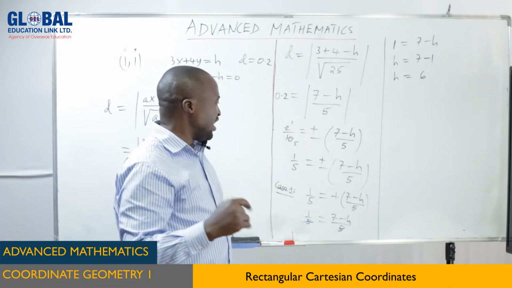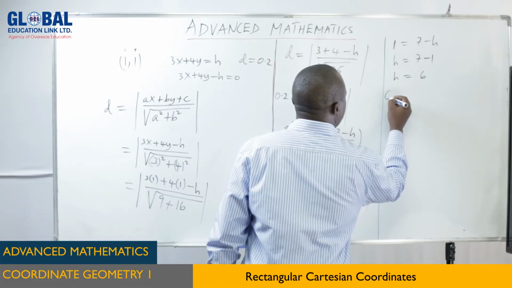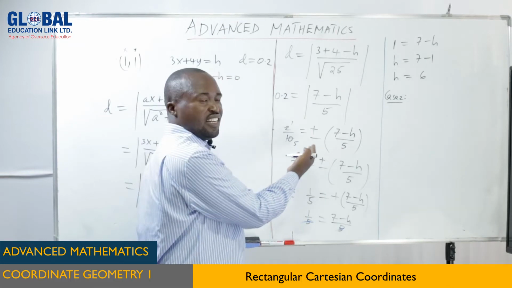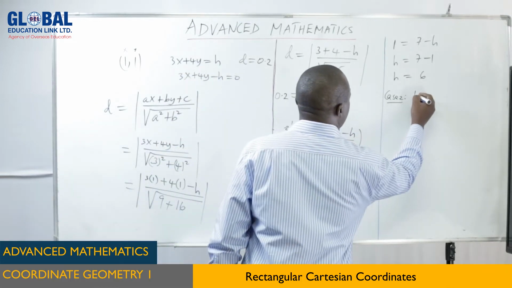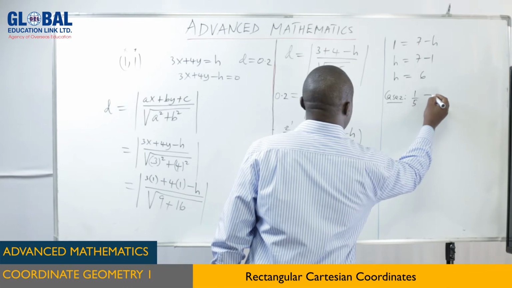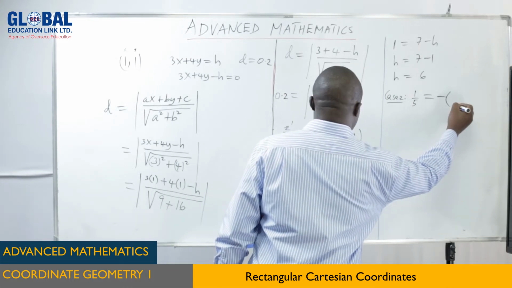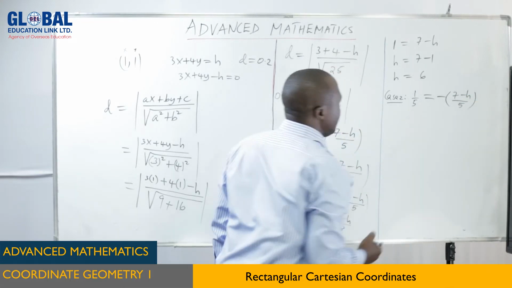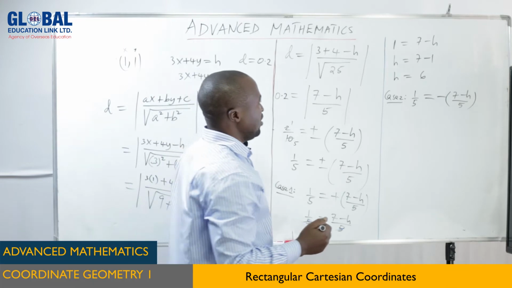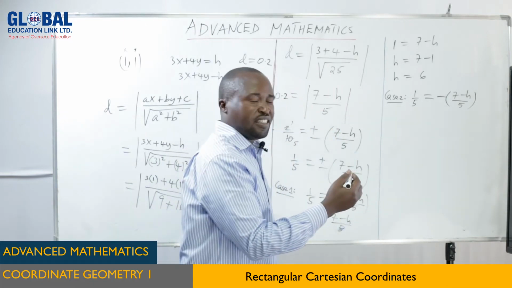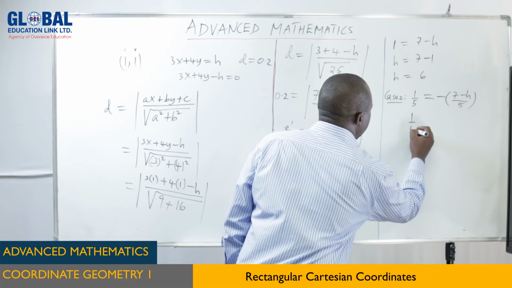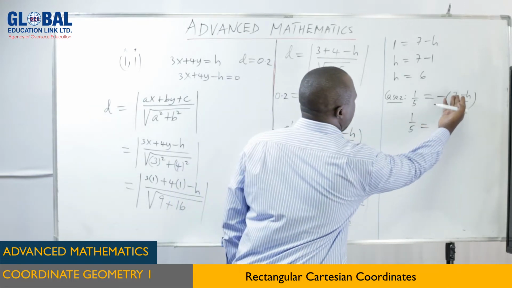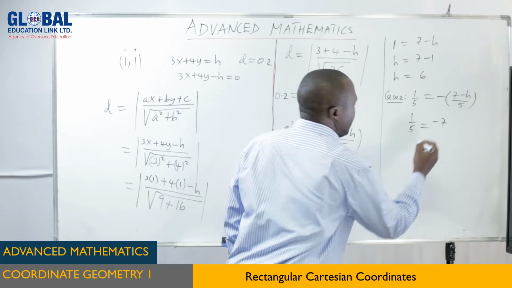Let us proceed with the second case, that is for negative. That is case 2. This time we take the negative. So that is 1 over 5 is equal to minus 7 minus h over 5. So again here we open up the bracket. We are going to have 1 over 5 is equal to, so here we have negative times 7, we have negative 7.